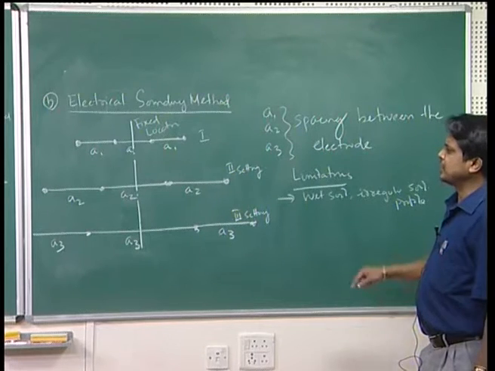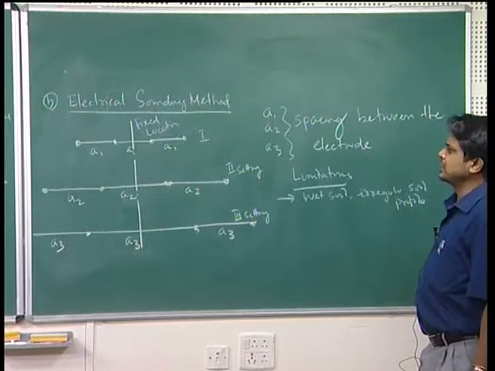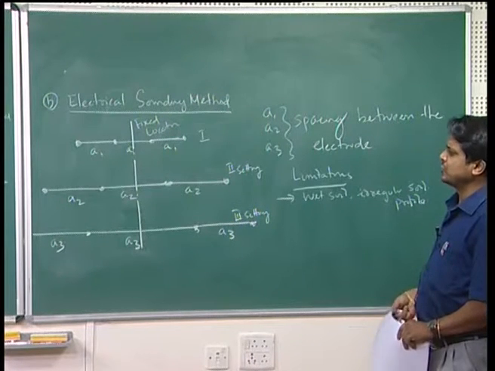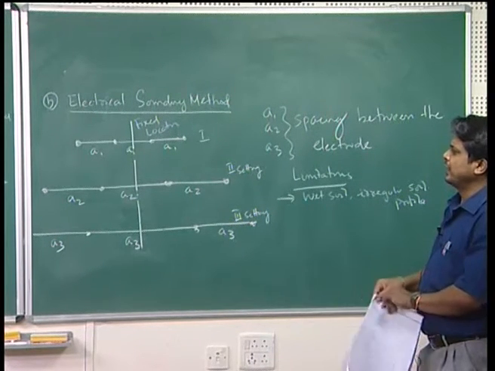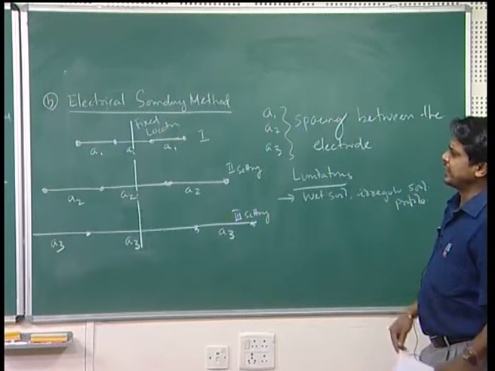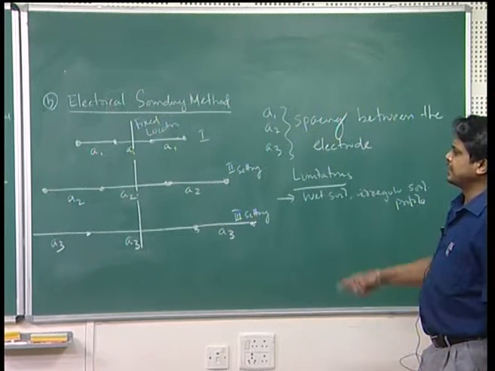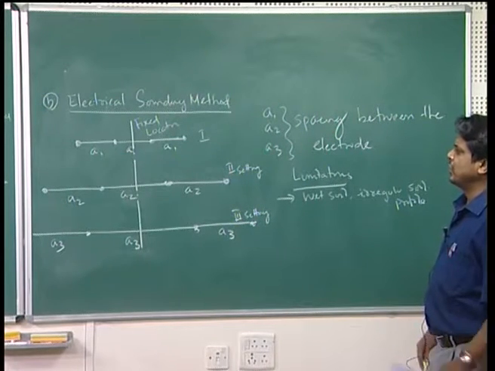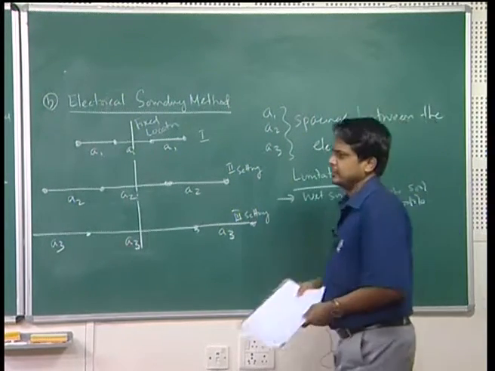So, despite this limitation, electrical resistivity has been used in many places to find out the resistance of the soil. Based on the resistance of the soil, you can say that this is either sand, gravel or clay sand or saturated silt.